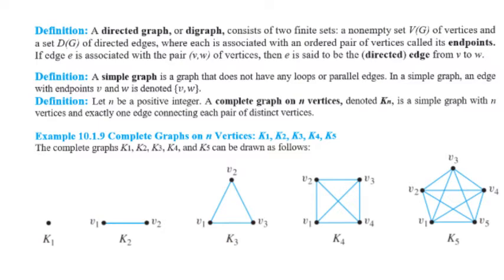In a simple graph, an edge with endpoints V and W is denoted by the set containing V and W. So obviously a simple graph is different from a directed graph. Why? Because in a simple graph, an edge is represented by a set of two endpoints V and W, but in a directed graph, we have an ordered pair like V and W to represent any edge of a directed graph, right?